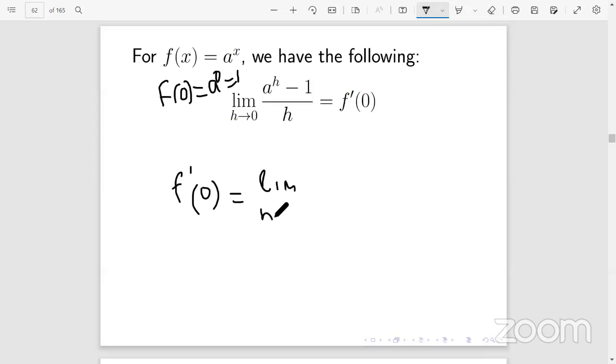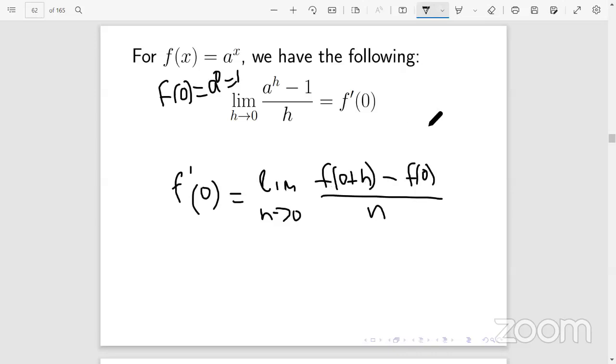As h approaches 0, we end up with f of 0 plus h minus f of 0, all over h. Obviously 0 plus h is h.